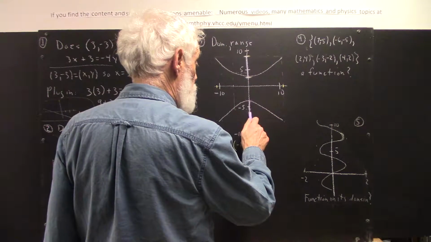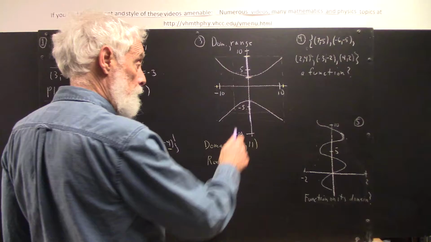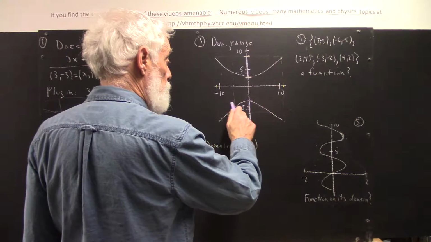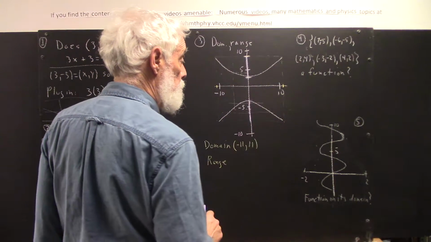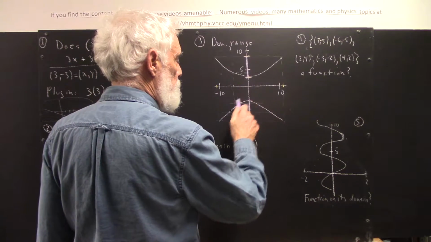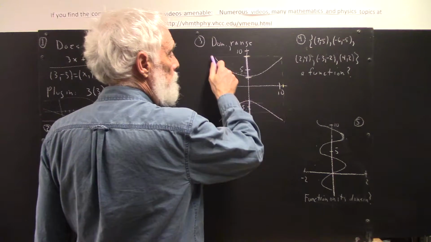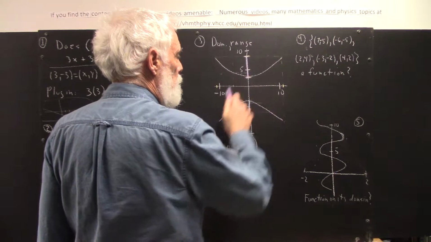So if we want the y value here, well, actually there are two places where we get that y value. If we want a y value here, there are two places where we get this y value. And there's maybe only one place where we get the y value at the peak of this shape. And only maybe one y value where we get this.